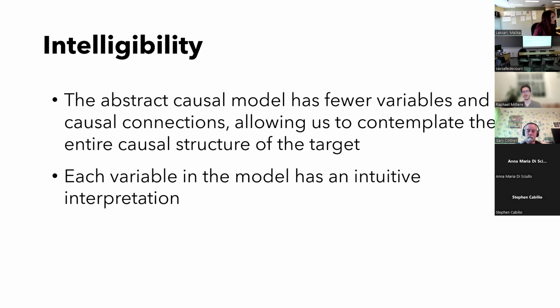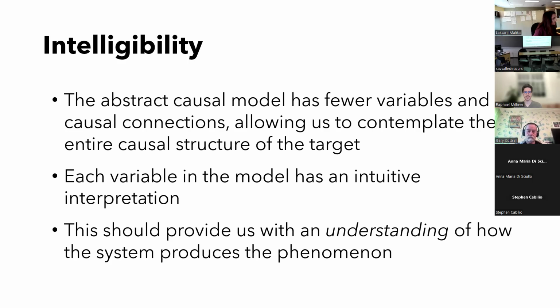So if you think of the indirect object identification circuit, we can look at these induction attention heads, and we have a good intuitive interpretation of what these heads are doing, how they're writing information from one layer to the next. And so the goal of this causal modeling is to provide us with an understanding of how the system produces the phenomenon.